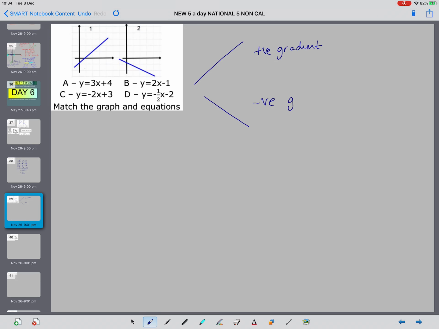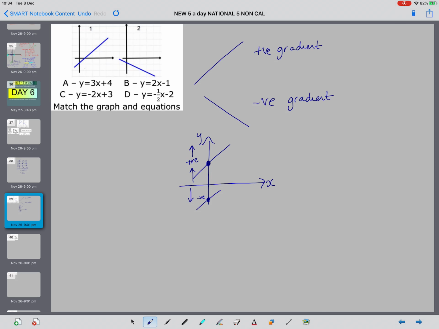Okay, and thinking about where it cuts the y-axis, if a graph cuts up here, then the y-intercept must be positive, because it's above that x-axis. Must be positive up here. And then if it cuts it down here, that's below the x-axis. So this number here that it cuts the y-axis must be negative.